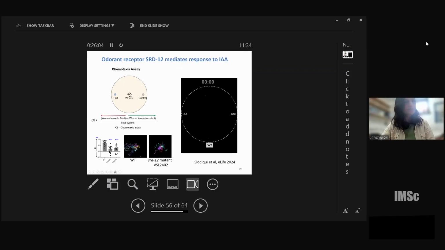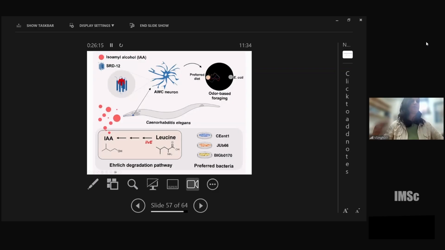So this was our first foray into looking at this deletion library that Changchun created, and we were able to identify this. So, I'll bypass this, but the idea here is that C. elegans, based on these 2 studies that we have done and others in progress, looks like a really interesting model to identify receptors for odors which are very common in the environment of C. elegans.